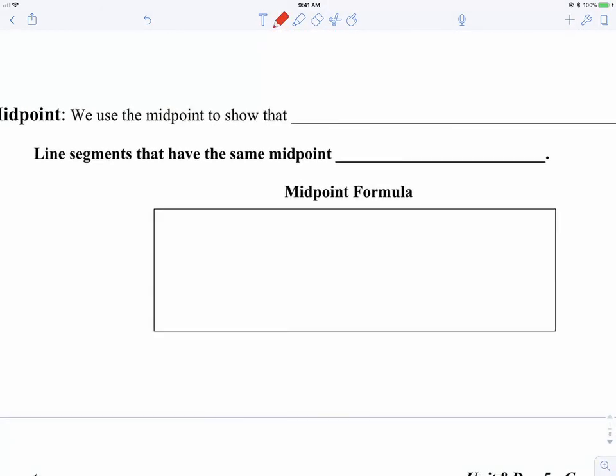Midpoints. We use the midpoint to show that a diagonal is bisected. Line segments that have the same midpoint, like the diagonals, we will say they bisect each other. That's a property that we're going to have to show sometimes, or we might not have to. When they have the same midpoint, that means they're both cutting each other in half.